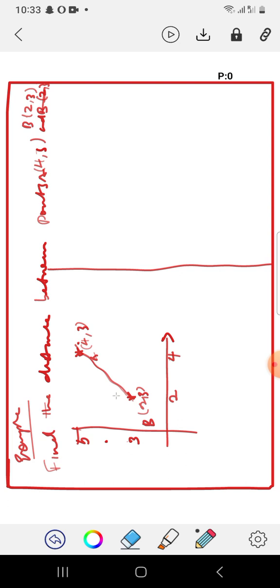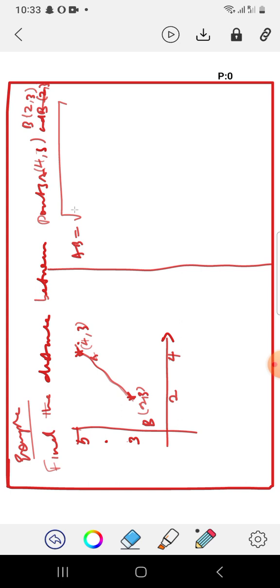You can use the formula straight, if you remember it. If you don't remember it, you know how we derive it. You subtract the abscissas, then you subtract the ordinates, square both, and add, then you take the square root. It doesn't really matter the order.